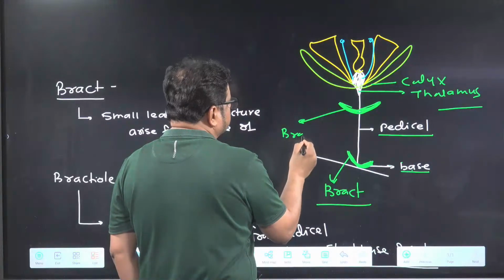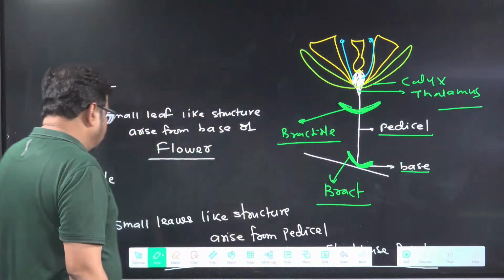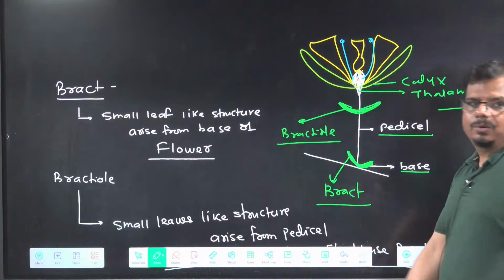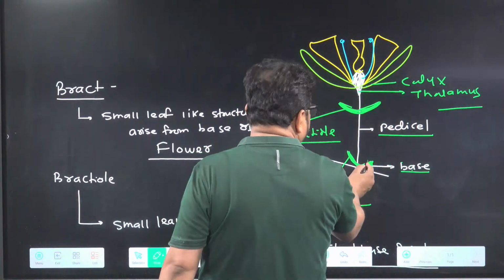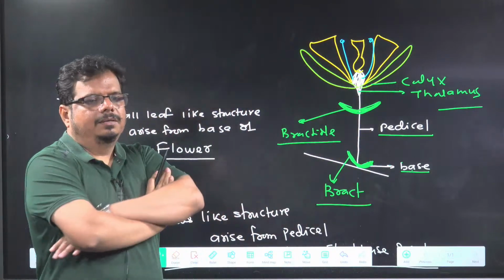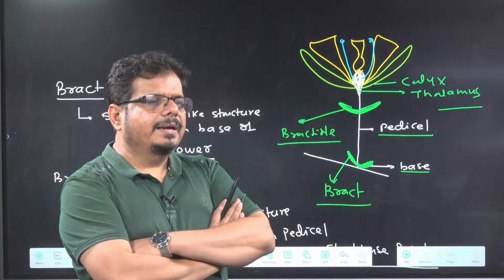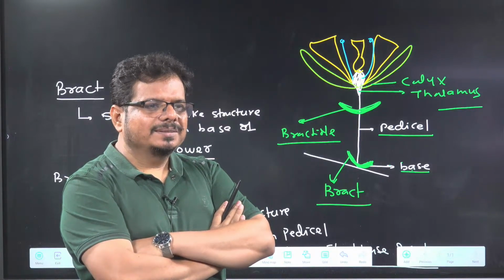Bracteole. So first you tell me, are you able to differentiate between bract and bracteole or not? This is a bract. This is a bracteole. Clear? Understanding came, differentiation came in the mind between bract and bracteole. Can we move ahead further?